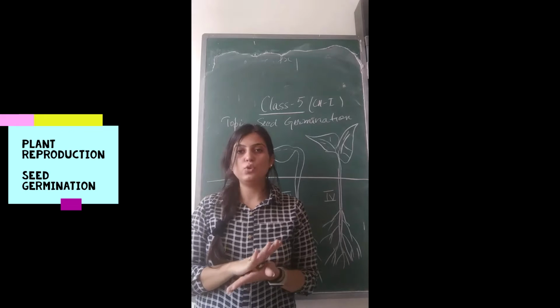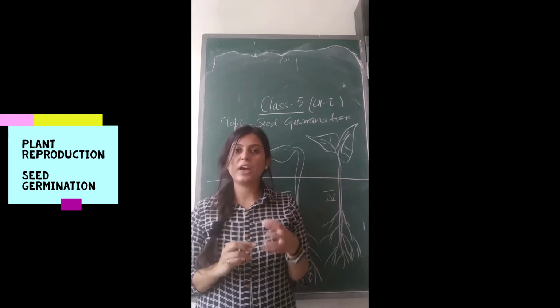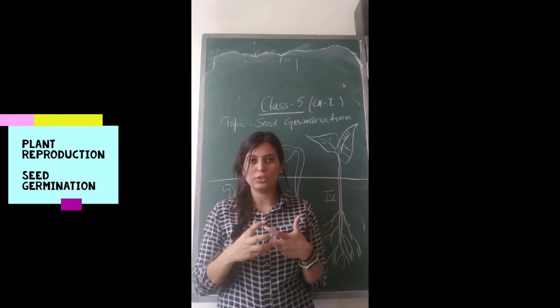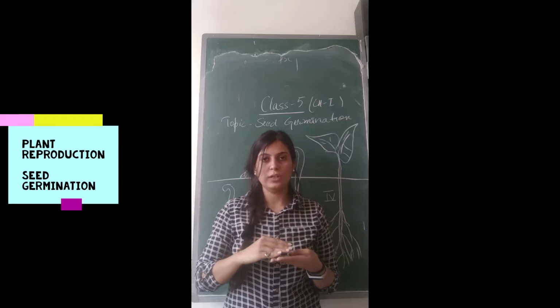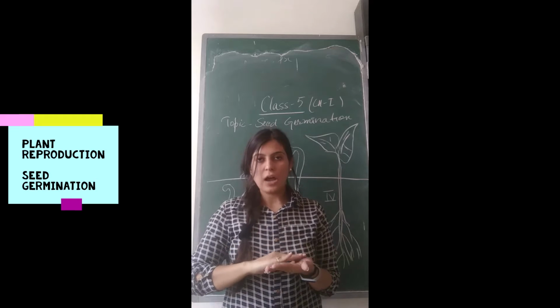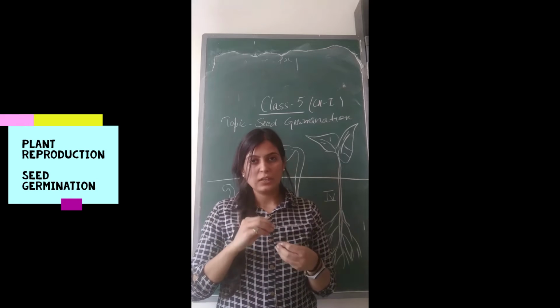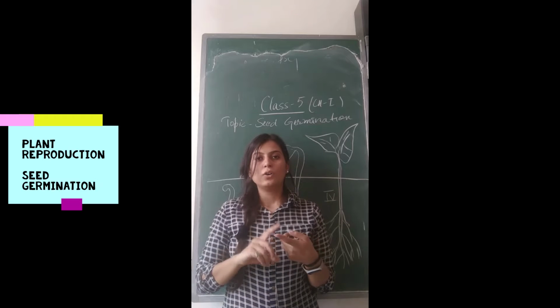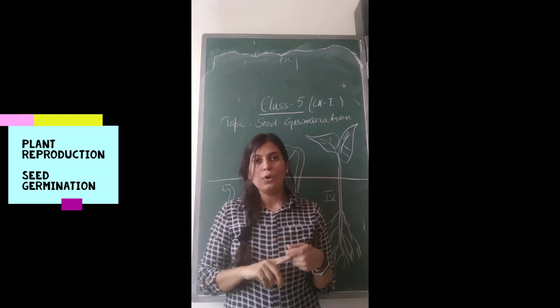I have told you in other lectures what seeds are and how seeds help in plant reproduction. We have covered up to the syllabus what seeds are and what the parts of the seeds are, like seed coat, cotyledons and embryo.